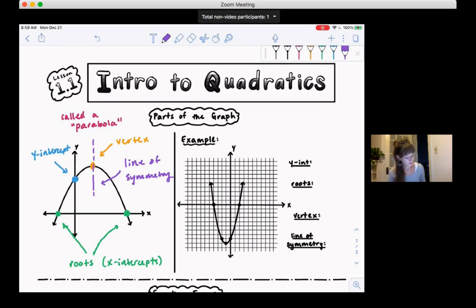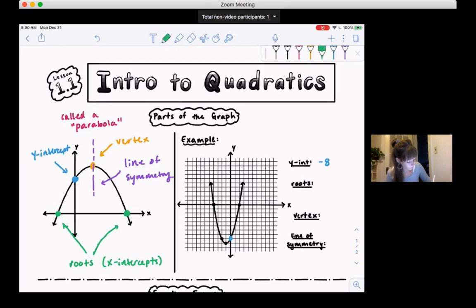Okay, so let's practice identifying some parts of the graph. So the y-intercept, that's where we cross the y-axis, right? So it's going to be this point right here. So y-intercept is going to be, let's see, 1, 2, 3, 4, 5, 6, 7, -8. So you just say y-intercept is -8. Roots, that's where we cross the x-axis.